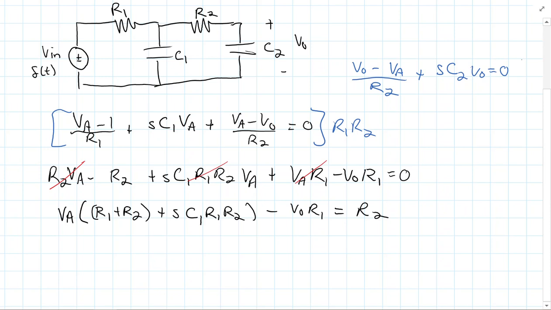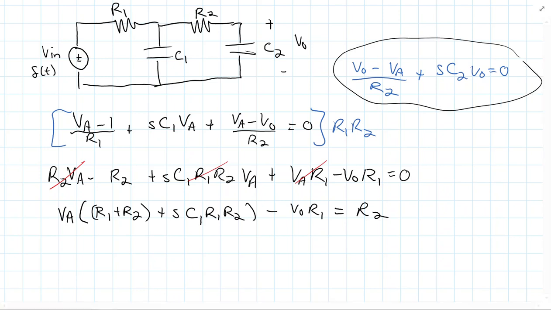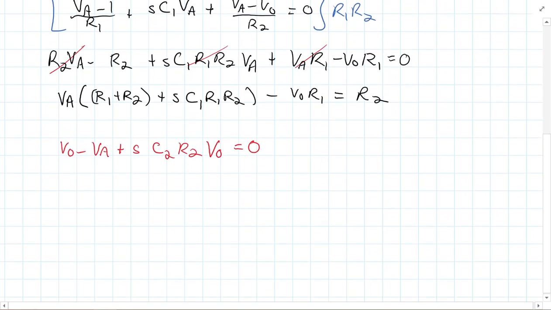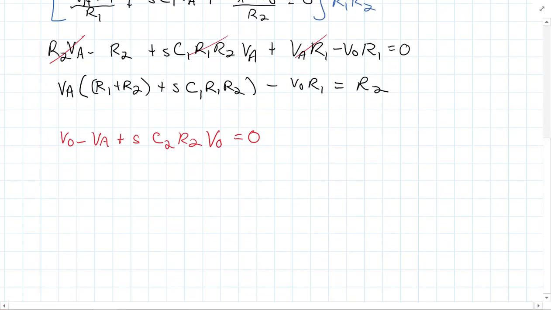And then if we look at this equation right here, we would have V out minus VA is equal to, not equal, plus SC2 R2 V out is equal to 0. Now I would solve this for VA because I'm trying to find V out anyway.